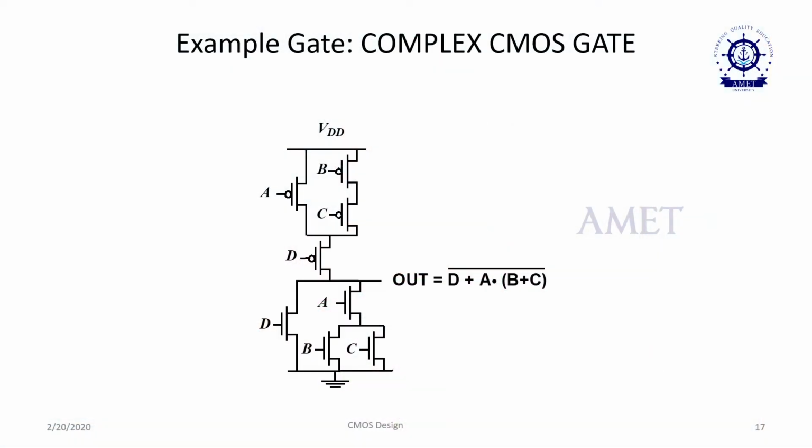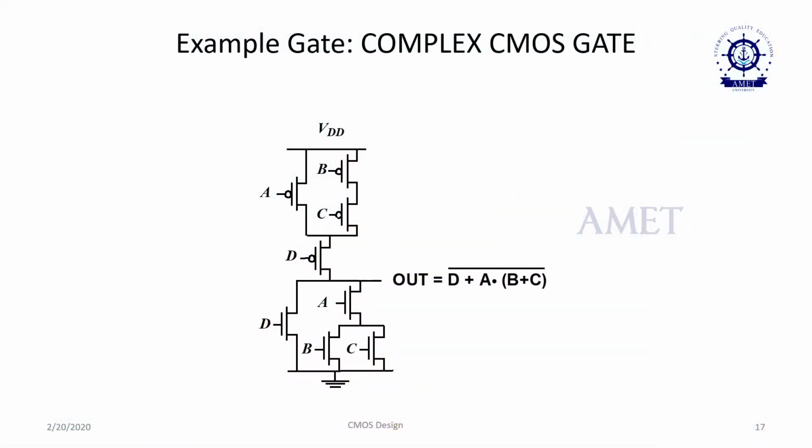Look at a complex gate. The output is equal to (D plus A dot (B plus C)) the whole bar. Let us try to see how we are going to derive the CMOS structure. As I mentioned earlier, the top part will be the pull-up network, which is constructed using combinations of PMOS, and the lowermost part, that is the pull-down network, is constructed using combinations of NMOS.